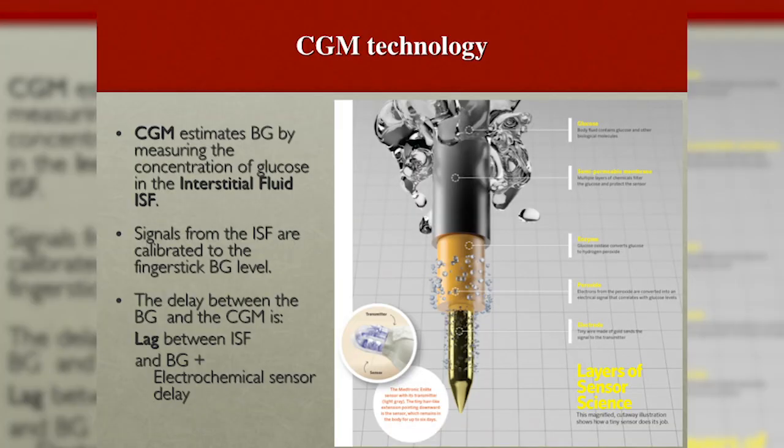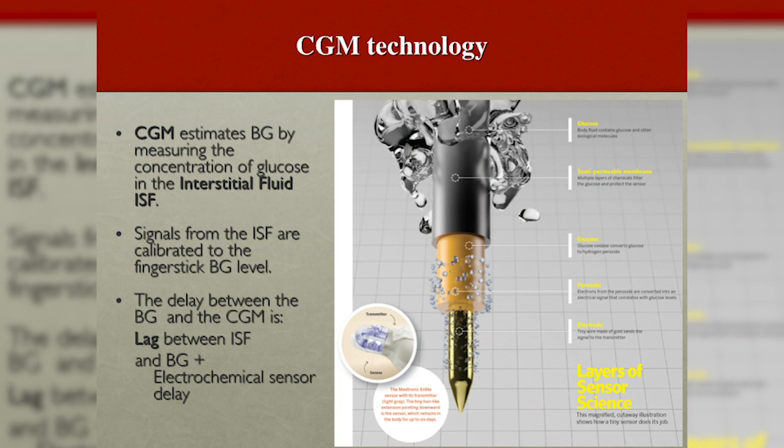You can see the cross-section of the sensor shown right here. You can see that tiny, hair-thin little sensor that stays underneath the skin, inserted subcutaneously. So it measures the glucose not in the blood, but in the interstitial fluid, the fluid that circulates between the cells.